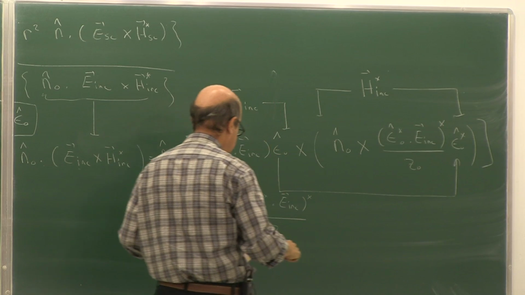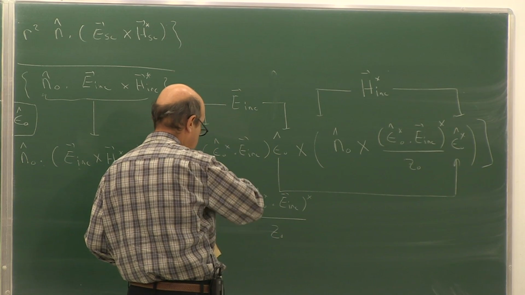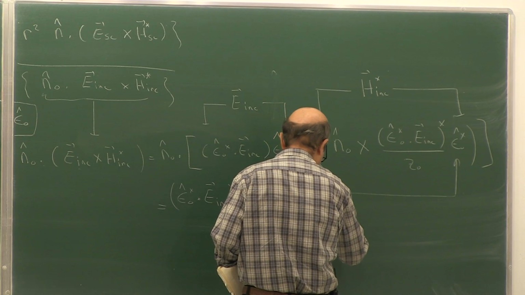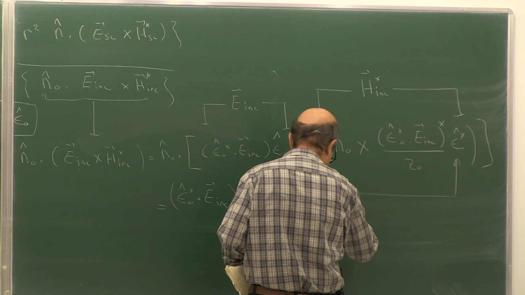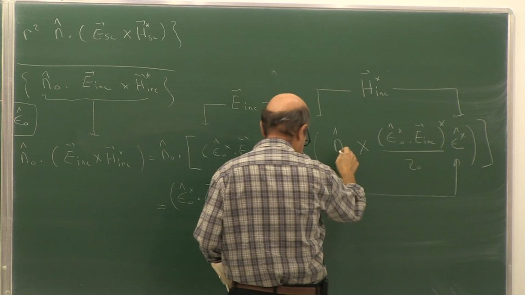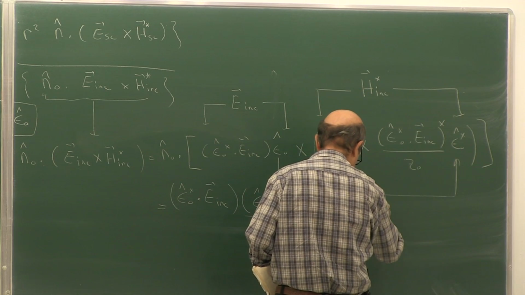So this is along what? Epsilon 0 complex conjugate, epsilon 0 dot epsilon 0 complex conjugate along N0.